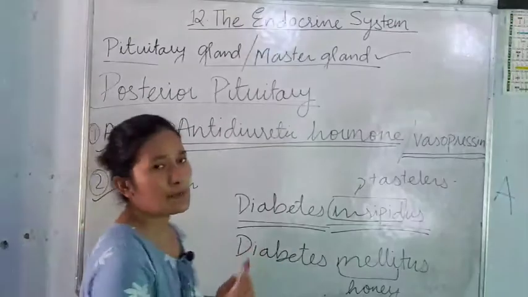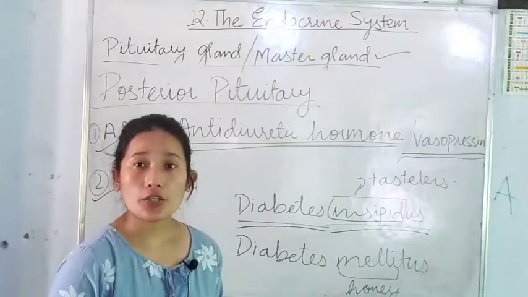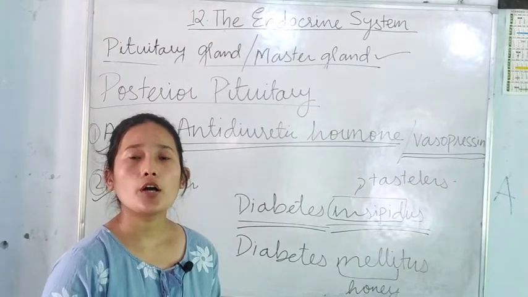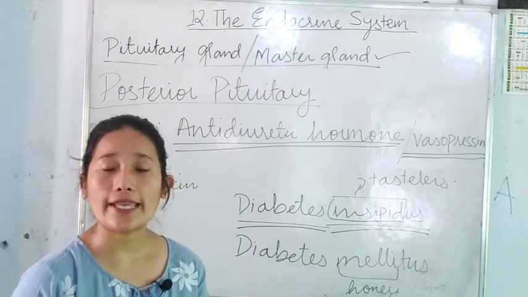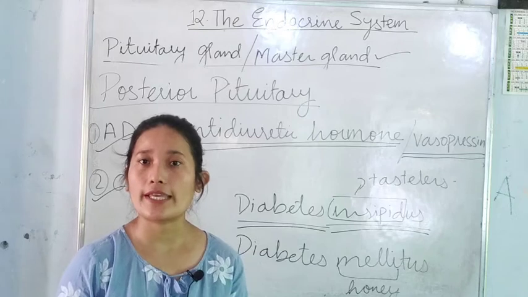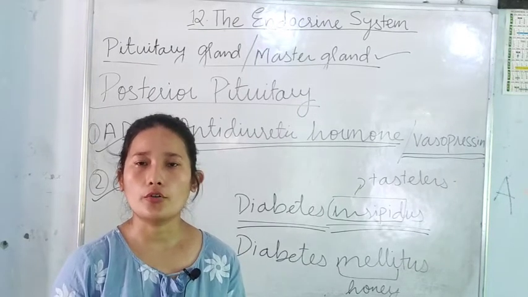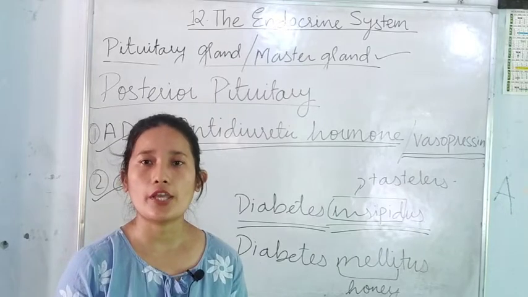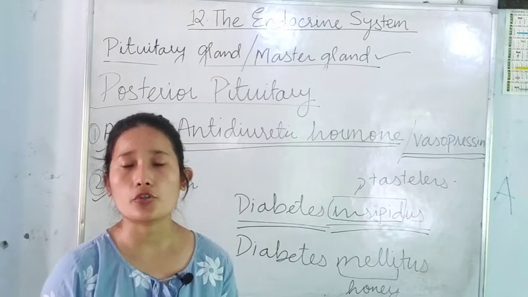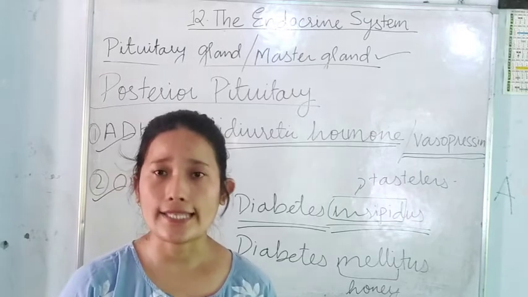And diabetes insipidus means frequent urination because of the improper functioning of your ADH. Because of the low secretion of ADH, water is not being reabsorbed back from the kidney tubule, because of which frequent urination is taking place, okay.